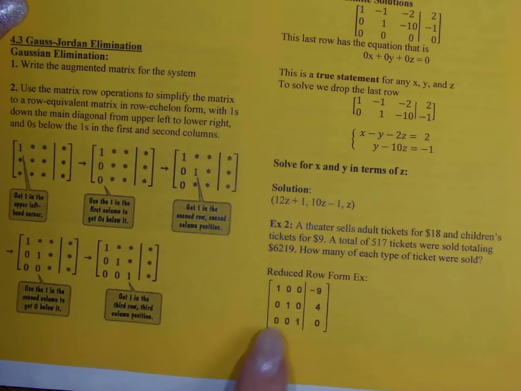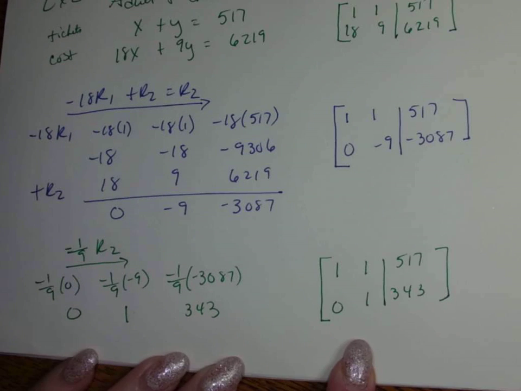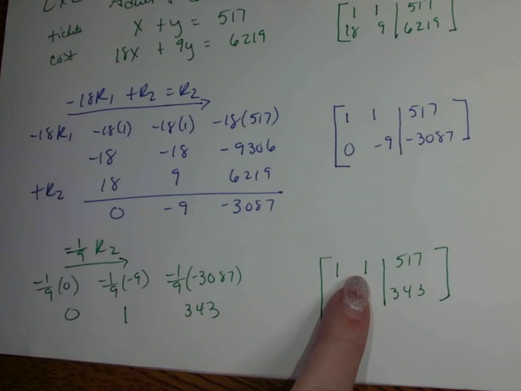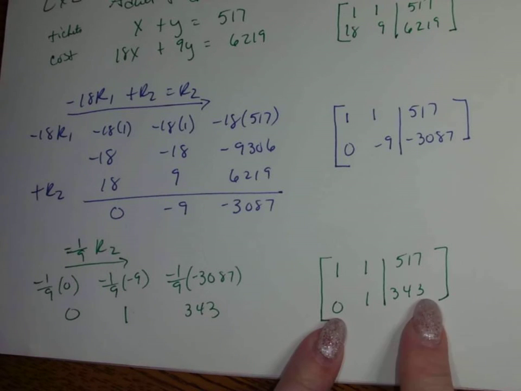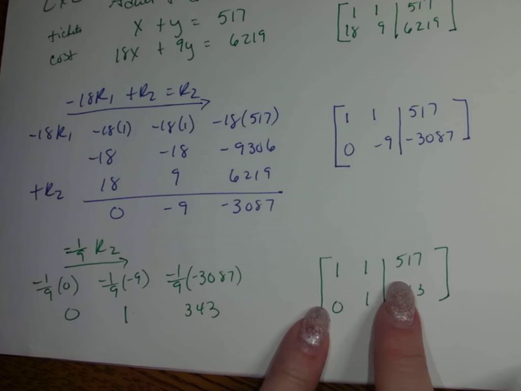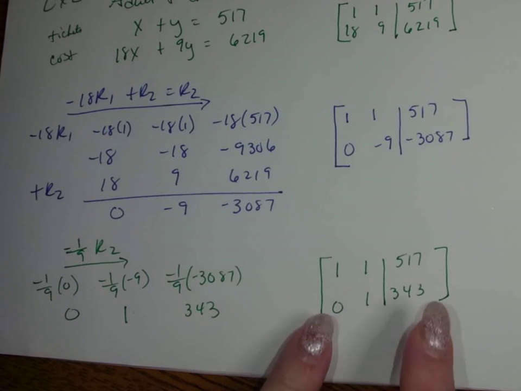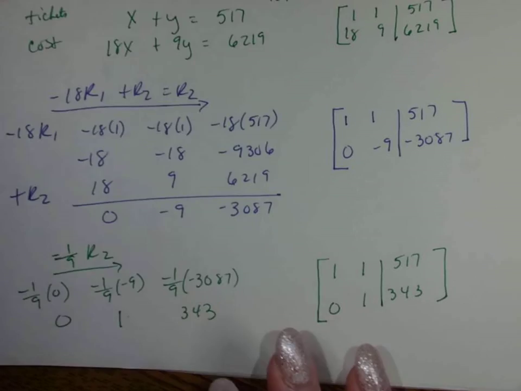So now I need to get this number right here on this one, because it's just the 2 by 2. I need this just to be a 0. If we didn't have to do the reduced row echelon form, we could just go back and solve this like we did. This would be y equals 343. Plug that into our system of x plus y equals 517 and get it. But I want you to know how to do this last part.